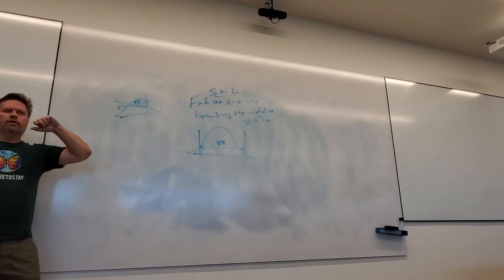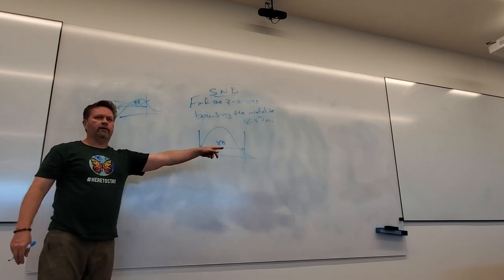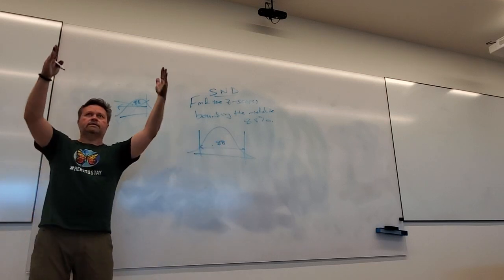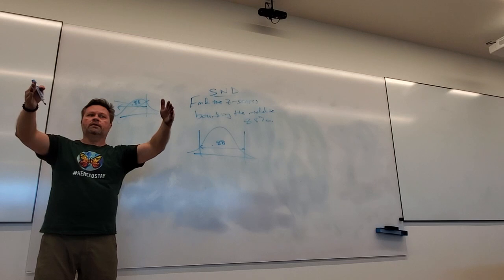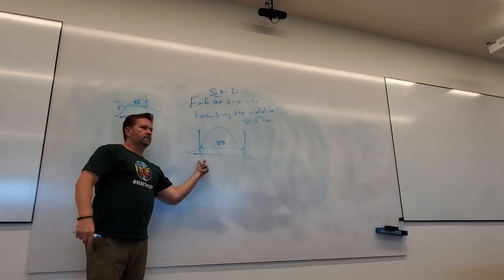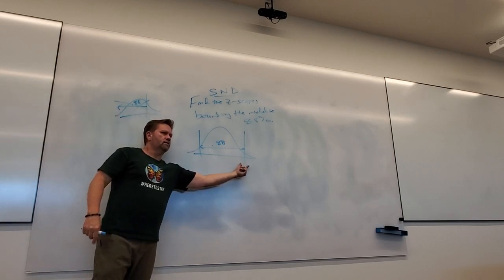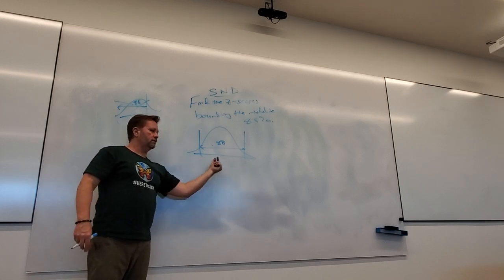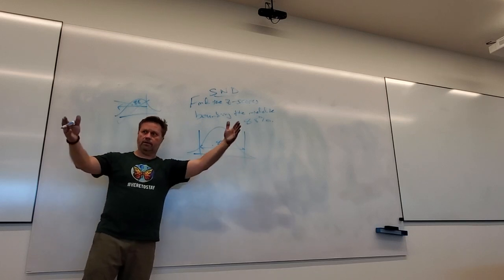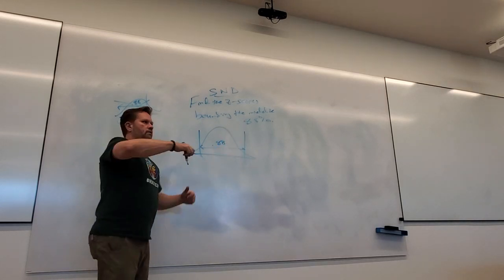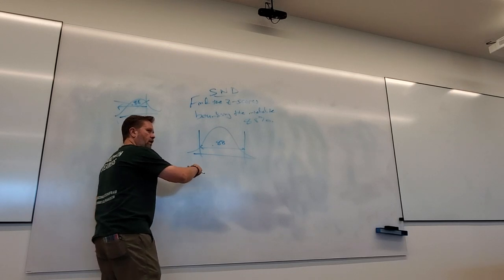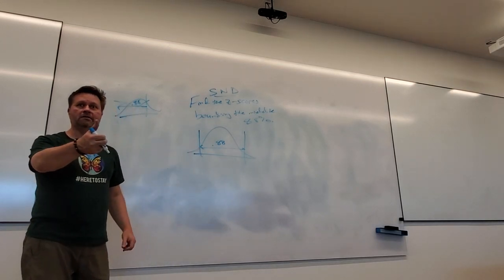So I have two z-scores I want to find. Since it's the middle 88%, whatever one of them is, the other one is the same, just positive. If this was -2, this would be +2, correct? It's symmetric. So if I can find this z-score, I'm effectively done.